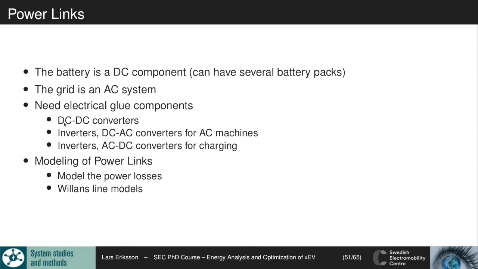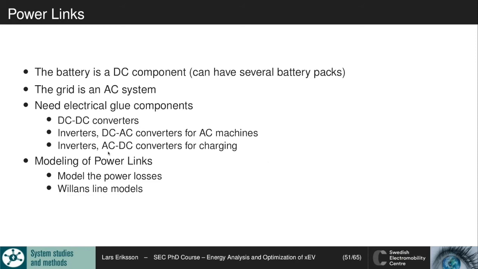In the vehicle we need DC-DC converters. For example, if we have a fuel cell vehicle or a vehicle with different battery packs, or we have battery packs and supercapacitors, DC-DC converters are necessary. And then for controlling motors, we have inverters that are used to take the DC from the battery and give an AC out to the motor controller. So these are devices that control the AC machines.